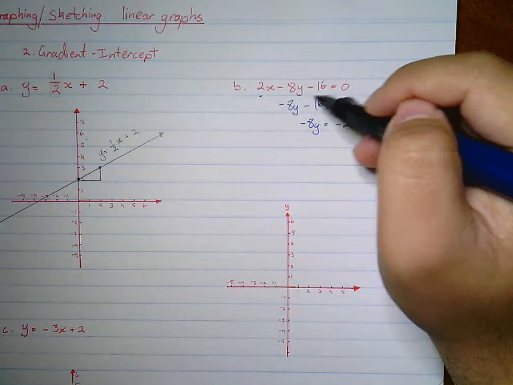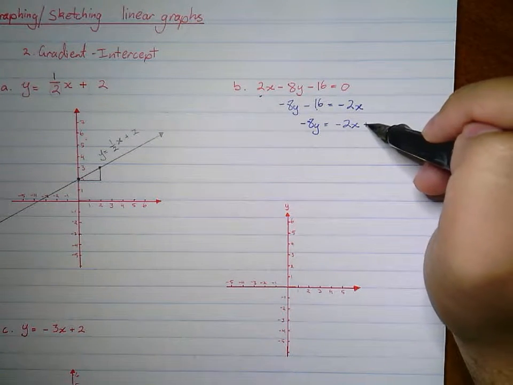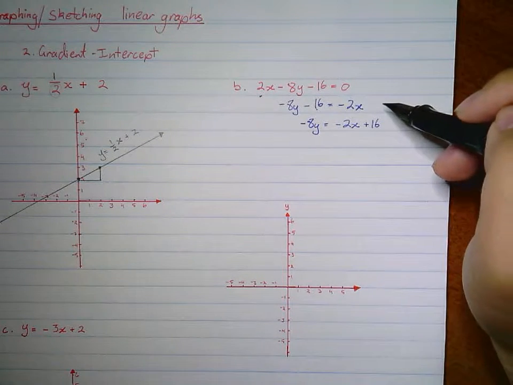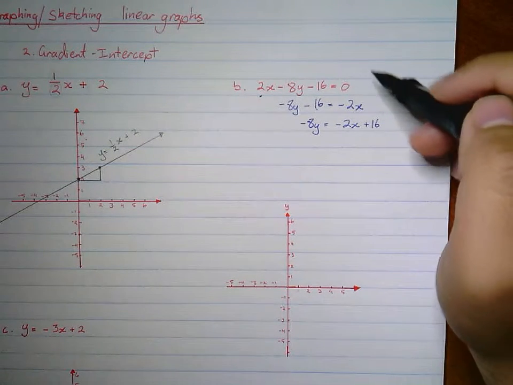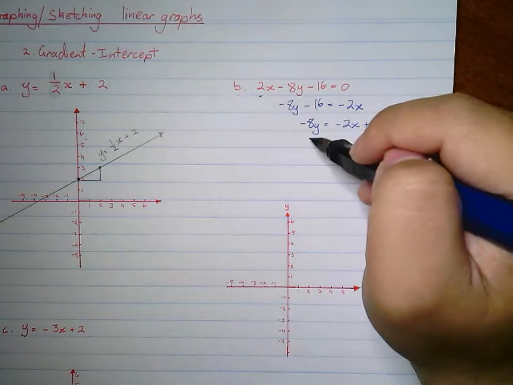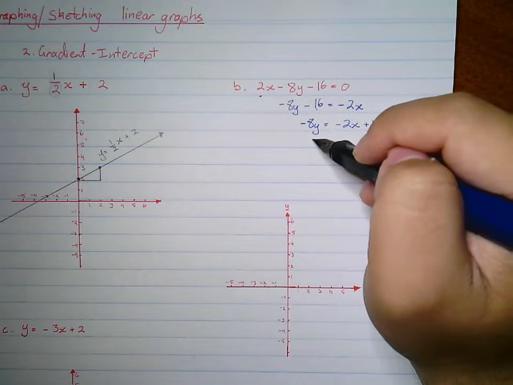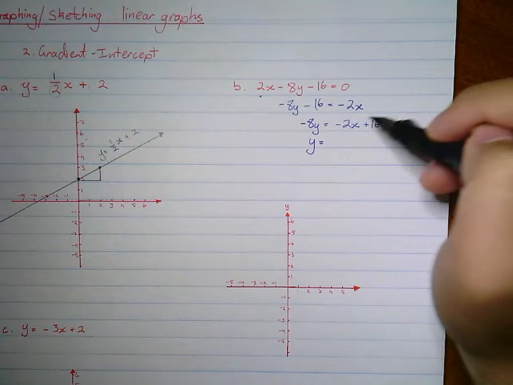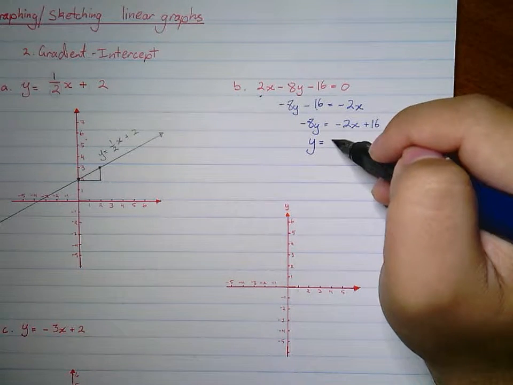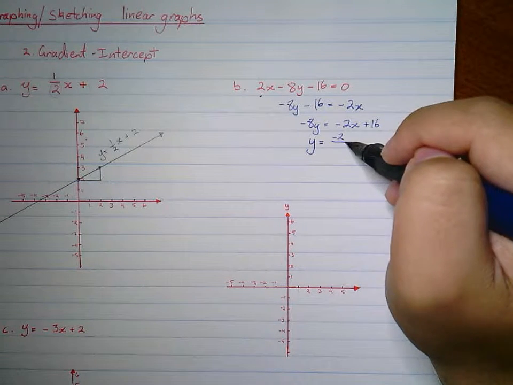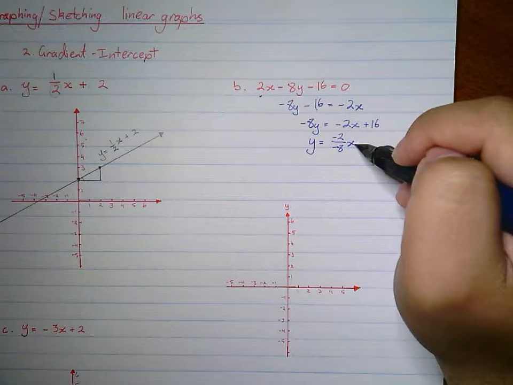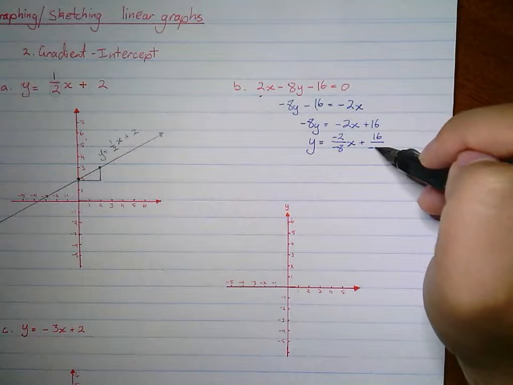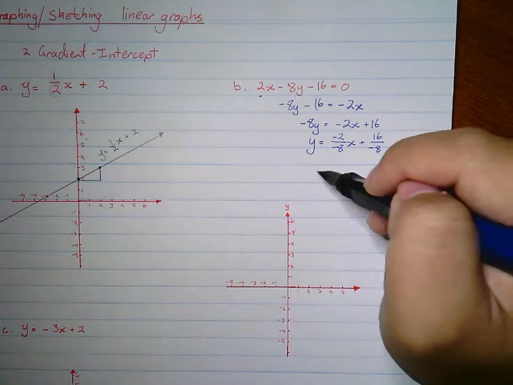This is now going to be a positive 16 because it was added to this side. And now we're going to divide everything here by negative 8. So we'll be given y equals, I'll write it out in full, negative 2 divided by negative 8 x plus 16 divided by negative 8.